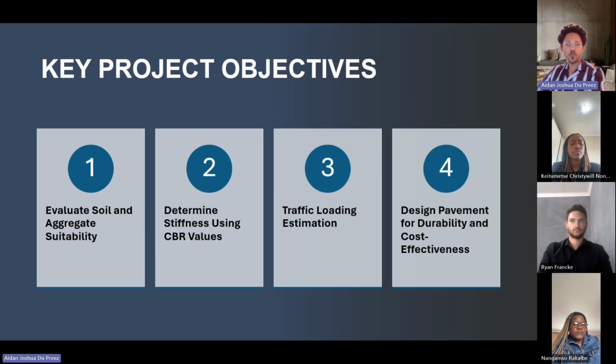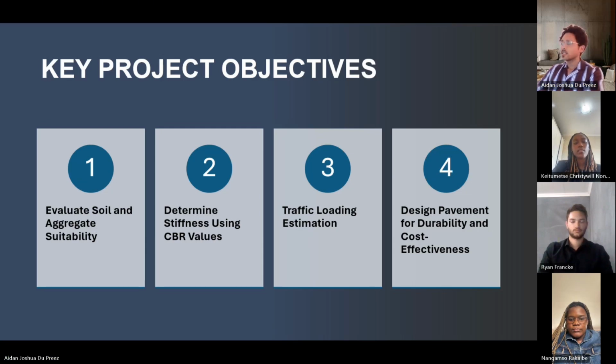Using the TRH4 formulas, we calculate that these vehicles translate into a standardized measure called equivalent standard axle loads, also known as E80s. This makes it easier to predict the road stress levels and guide the material selection: stronger materials are used in high stress areas. Layer thickness: thicker layers are needed to handle higher loads.